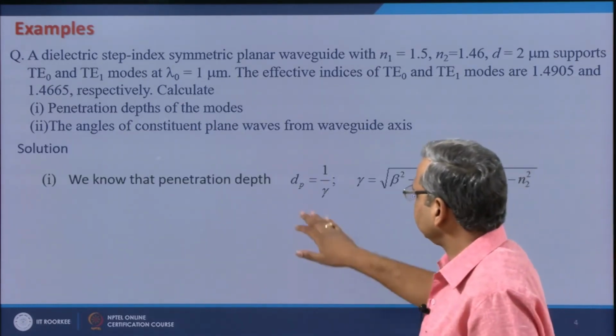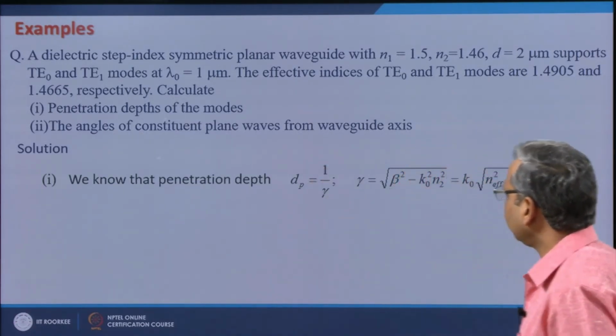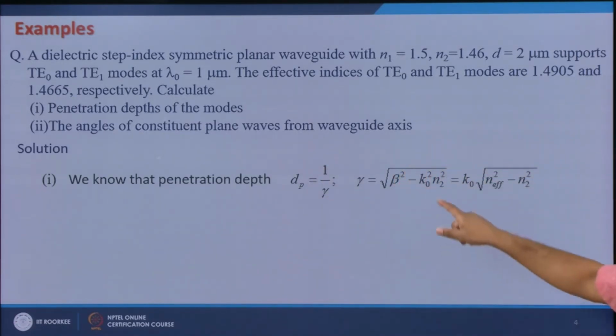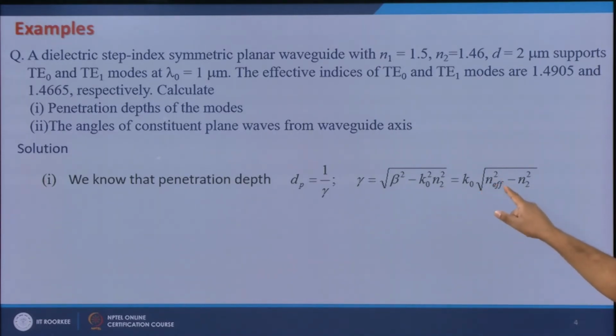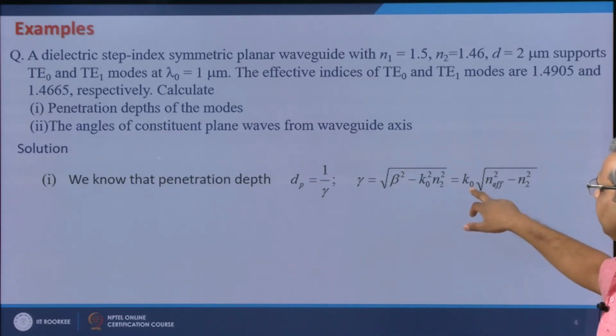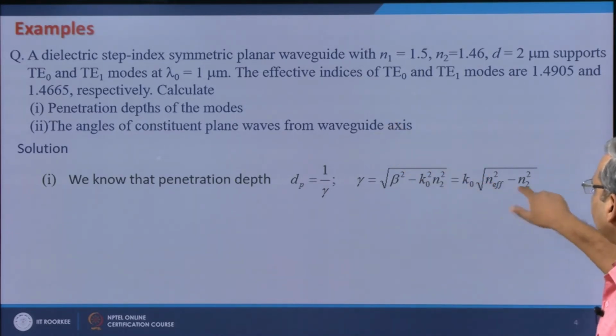I know that penetration depth is given by 1 over gamma, where gamma is the square root of beta square minus k naught square n2 square, or k naught times the square root of n effective square minus n2 square. So, k naught is 2 pi over lambda naught, which is given, and n effective and n2 are given.